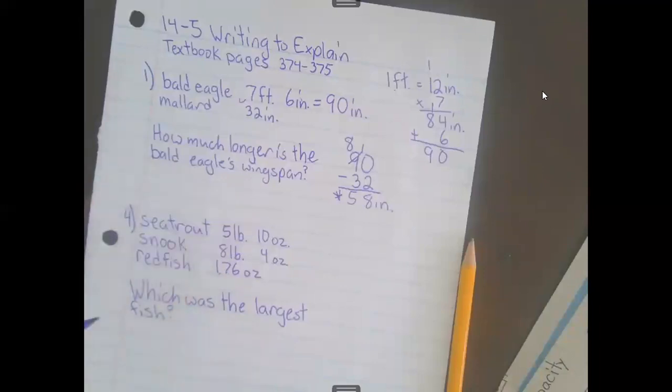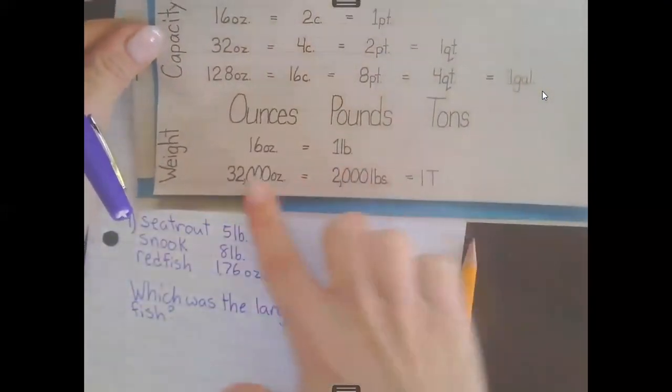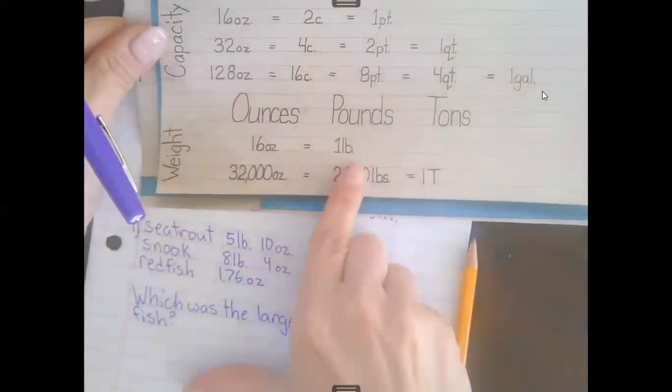We could, and I can show you that a little bit later on. So first things first, we're going to go back to looking at our chart once again, and we see that 16 ounces is equal to 1 pound.